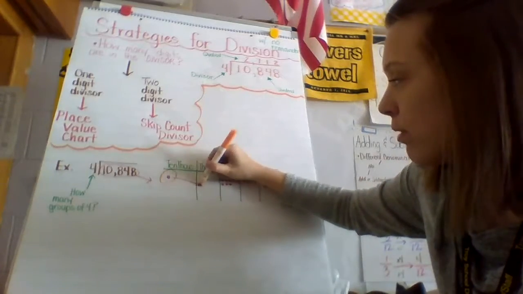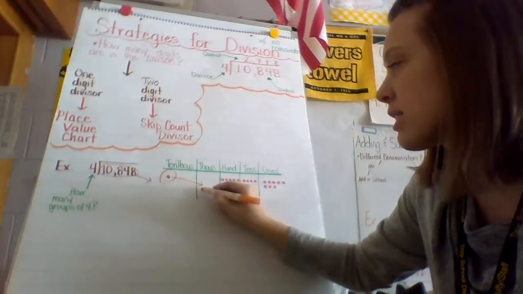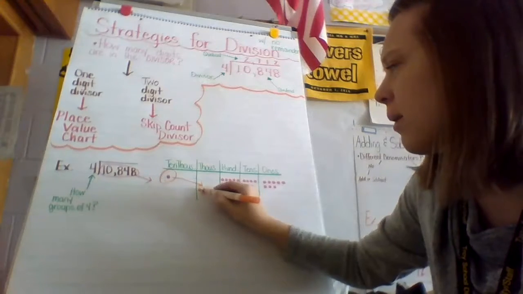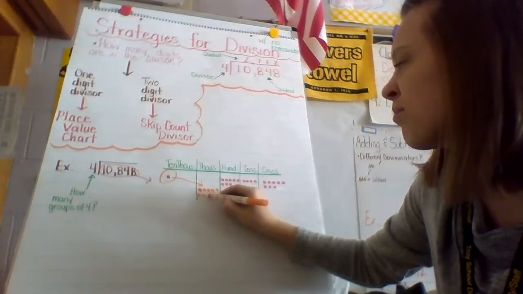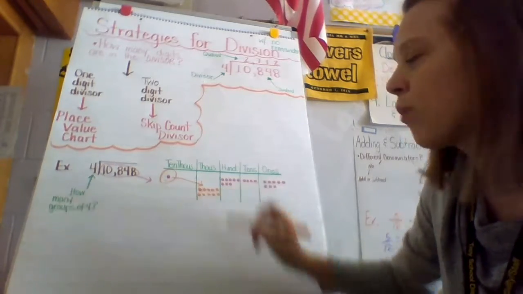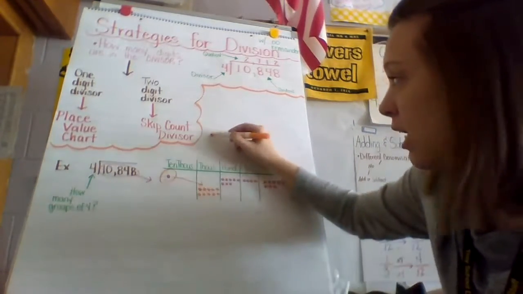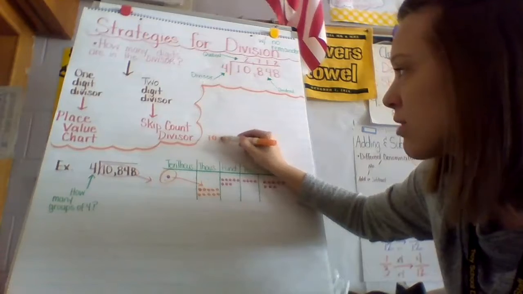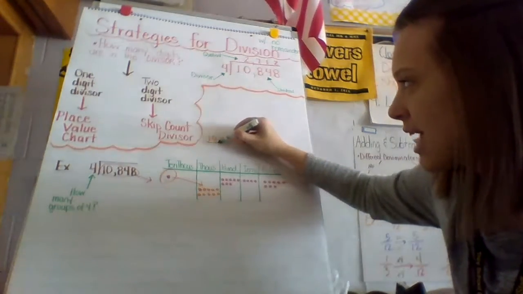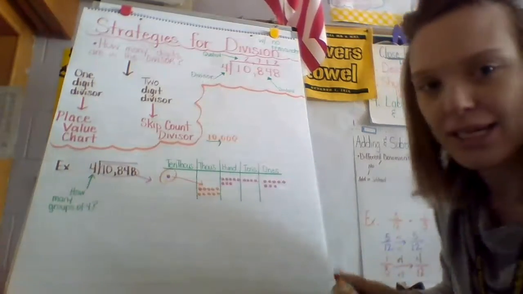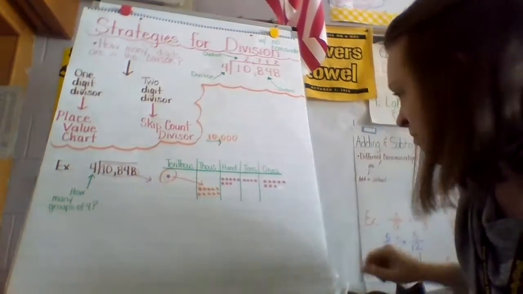This one group of 10,000s is now going to become a group of 10 in the thousands place. The reason why is because when we see 1 in the 10,000s place, that's just like saying there's 10 in the thousands place. That's why we do this.